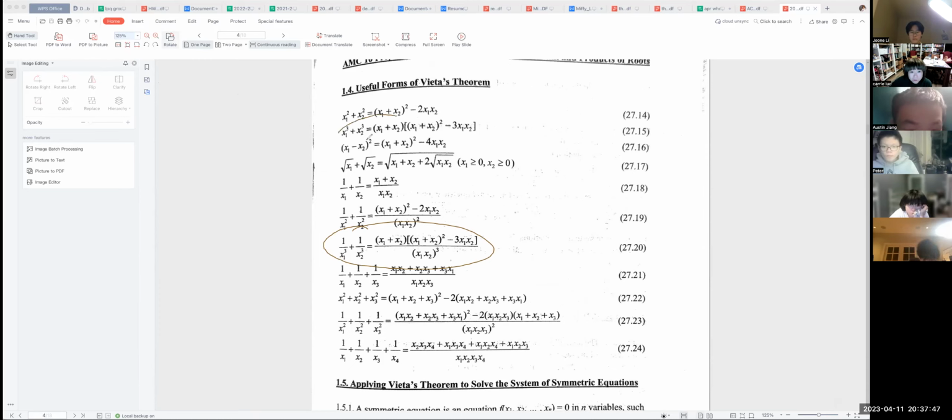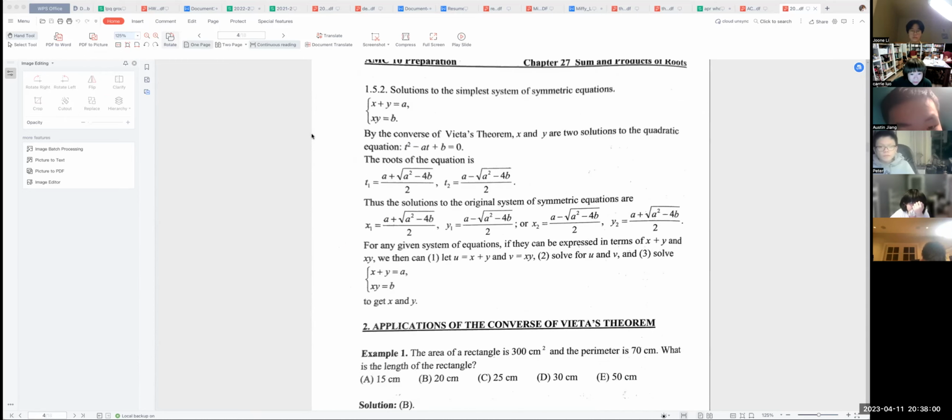And this is something we're going to use today. So 27.15. This is the formula we're using. Okay? So let's move back to this one.